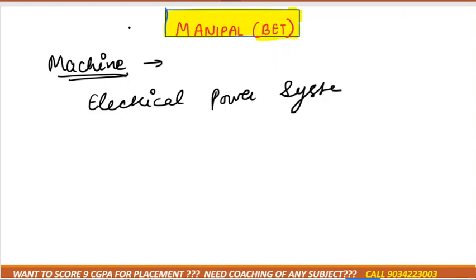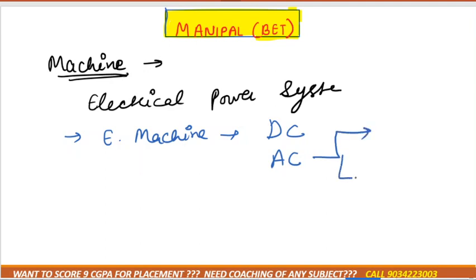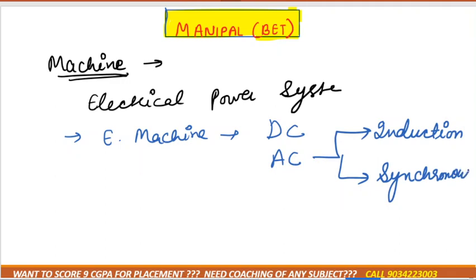So in this, it will include electrical machines. In machines, it will include DC machine and AC machine. AC machine is further divided into two categories. One is the induction machine, induction motor we can say. Another one is the synchronous motor. So basically, what is the difference between the induction motor and the synchronous motor?